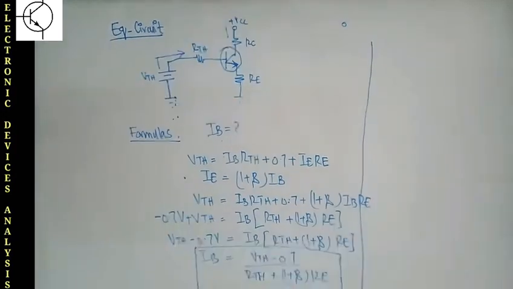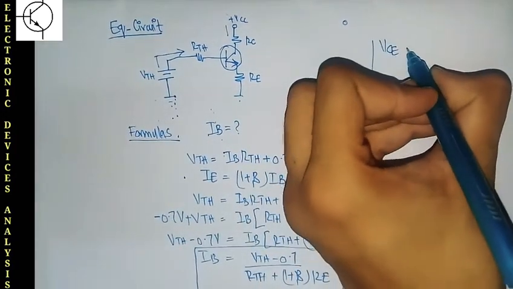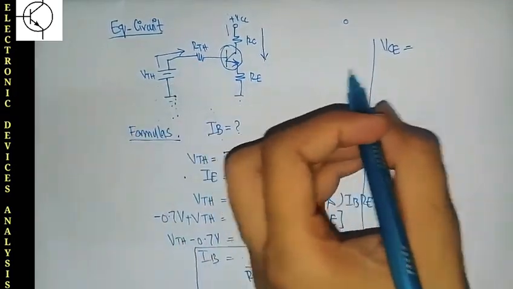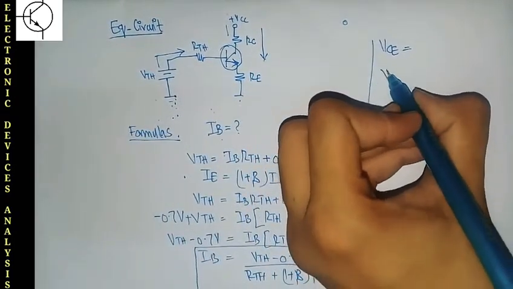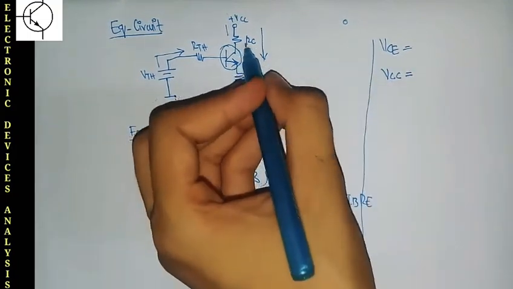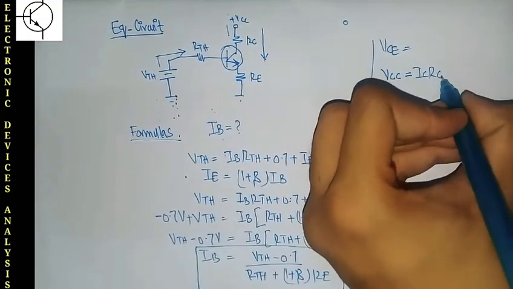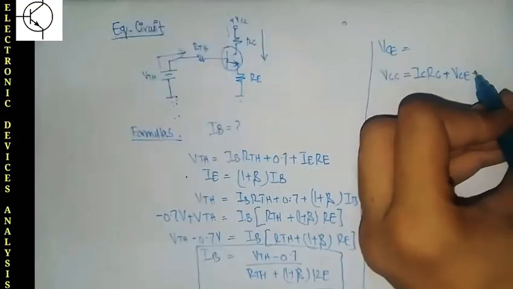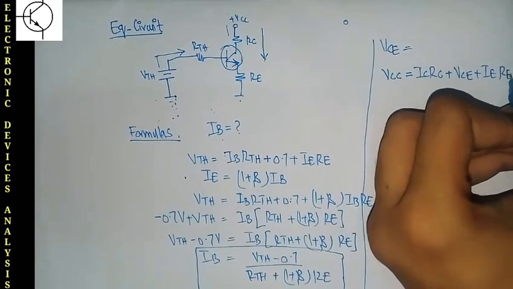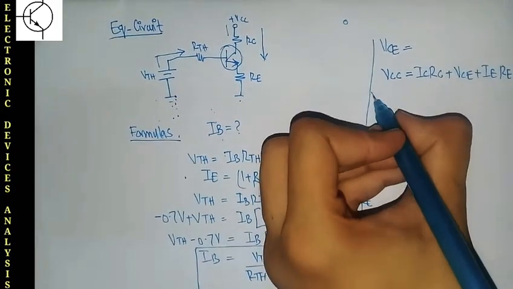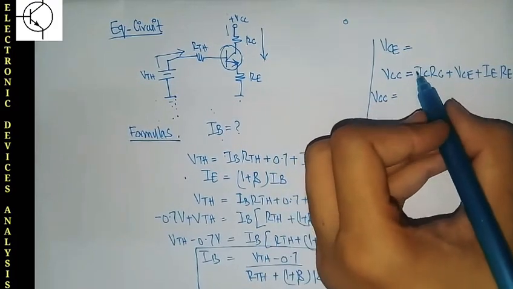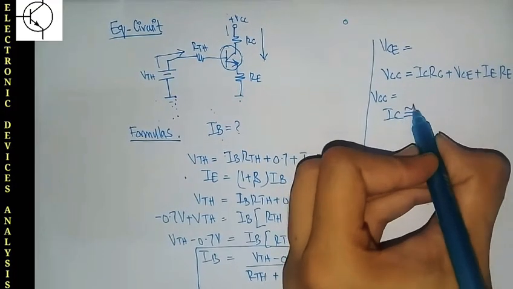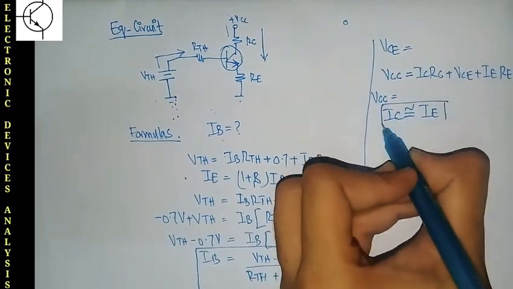So now we find the voltage VCE, and as you already know, VCE will be calculated from the output loop of that circuit. So write the equation of the output loop. VCC will be equal to the drop in this resistance, IC into RC, plus this junction, VCE, and the drop in this resistance, IE into RE. Now IC is approximately equal to IE.